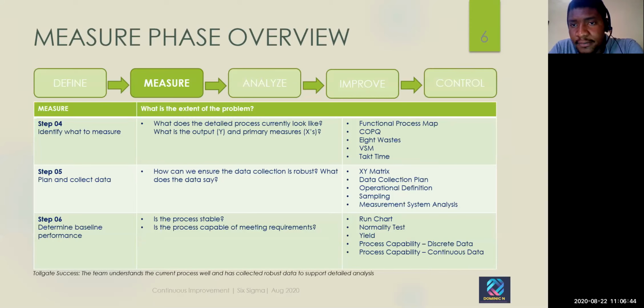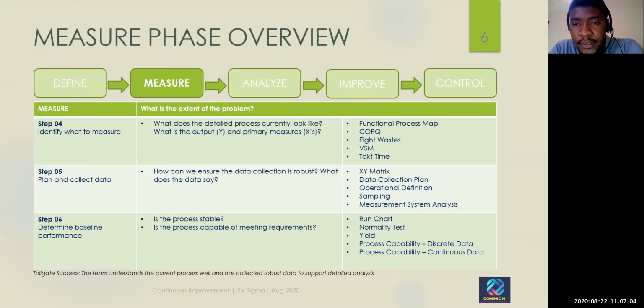We'll look at the 8 wastes. We've looked at that before, but it's also very important that you always look at your 8 wastes when you're trying to identify what you want to measure. We'll look at the cost of poor quality. Then plan and collect data, we would look at sampling.